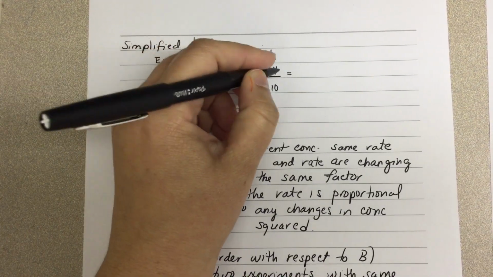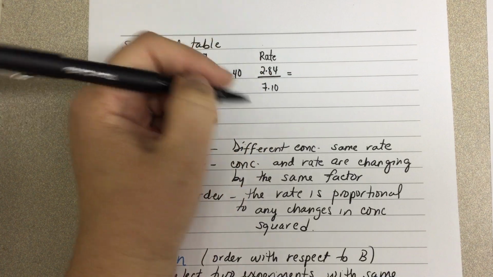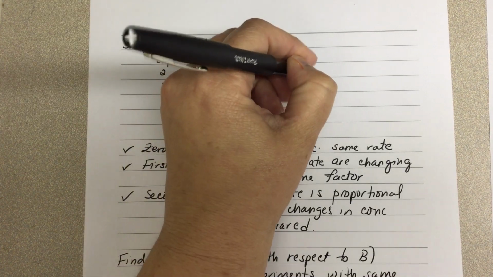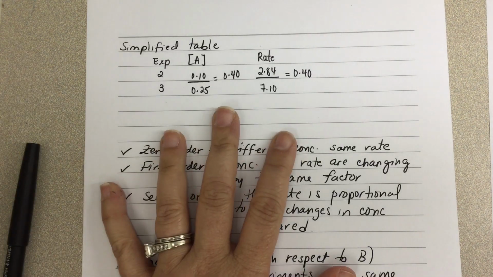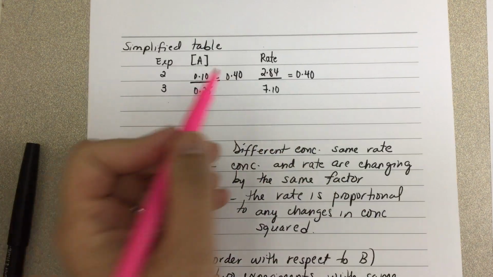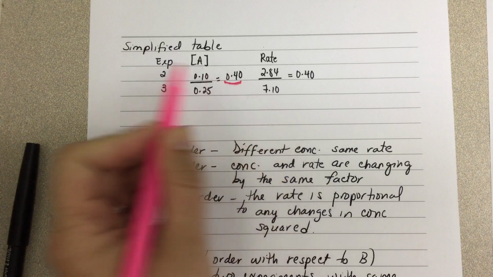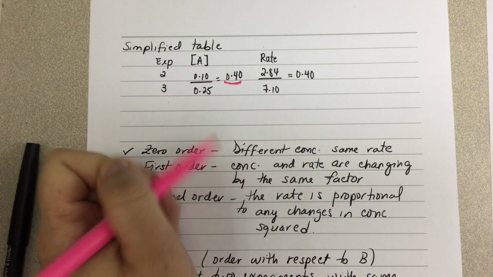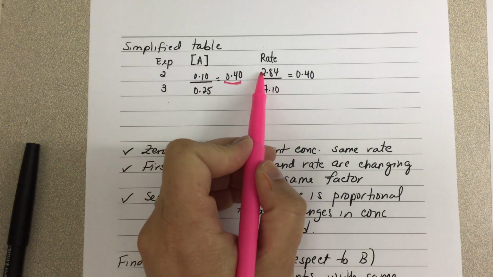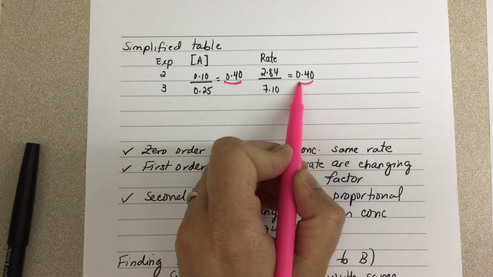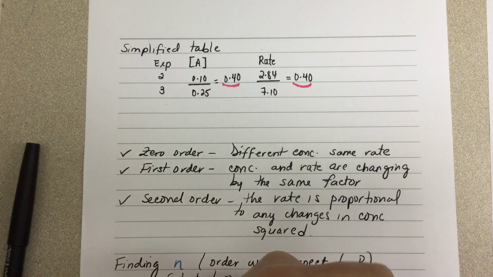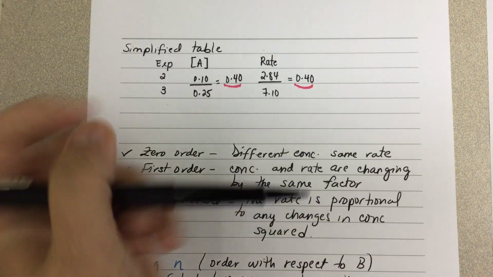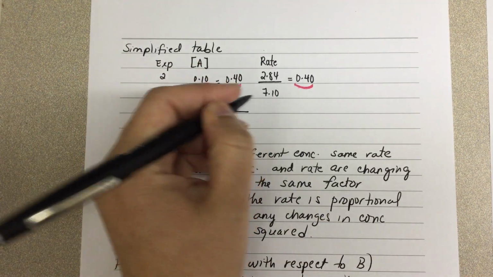And then 2.84 divided by 7.10 also gives you 0.4. Now, whenever the ratio for your concentration is the same as the ratio you're getting for your rate, it means that it's going to be a first order.